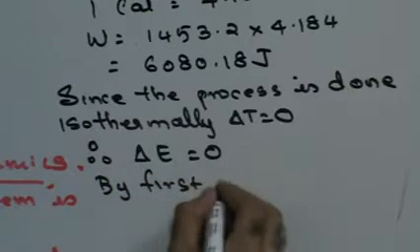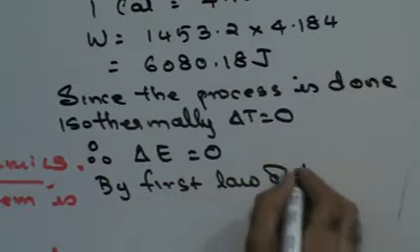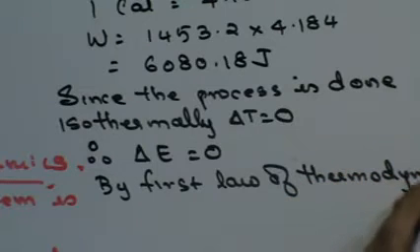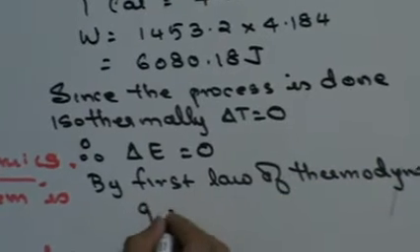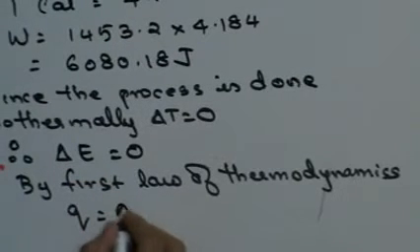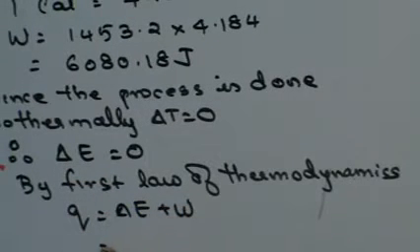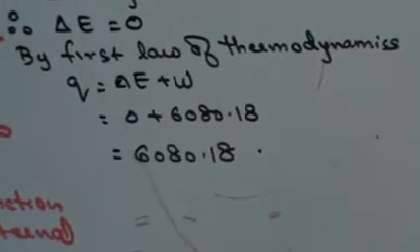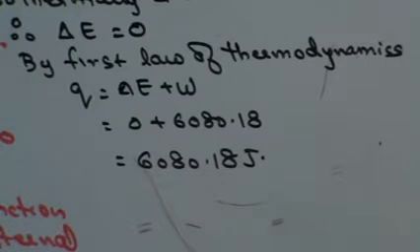By the first law of thermodynamics, Q is equal to delta E plus W. Delta E is 0, W you had found out is 6080.18. So Q will be 6080.18 joules.